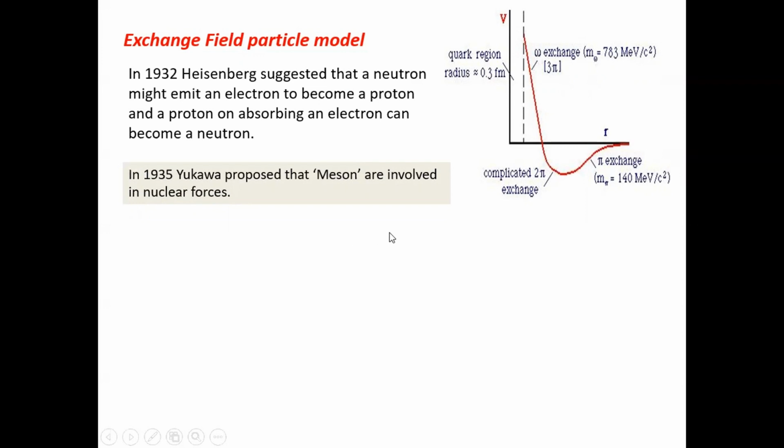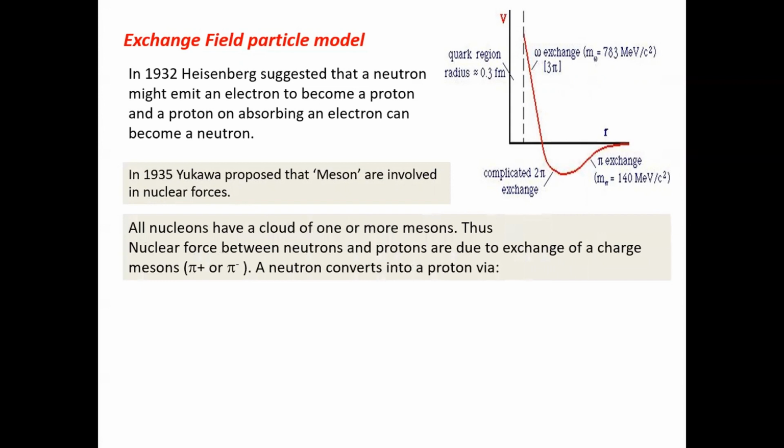He said the mesons are involved in the nuclear forces, and that all the nucleons have a cloud of one or more mesons. Thus, nuclear force, between neutrons and protons, or neutrons and neutrons, and protons and protons, is due to the exchange of charged mesons or neutral particles.